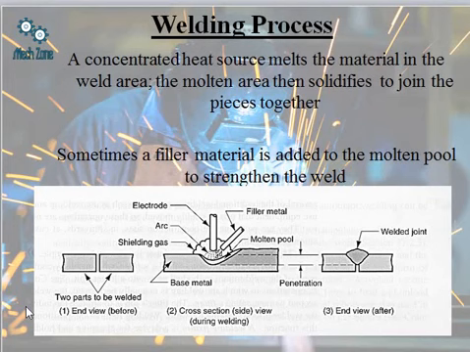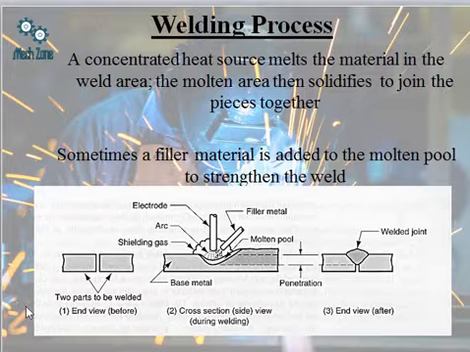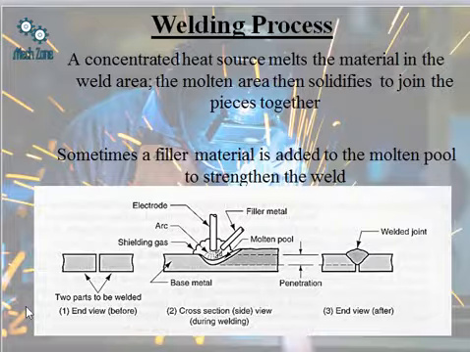Coalescence means joining, which actually forms a permanent joint which is produced with or without the application of heat, or with or without the application of pressure, and with or without the application of filler materials, and can be used to join similar or dissimilar materials. And we see that the strength of the weld is definitely greater than the strength of the base material.